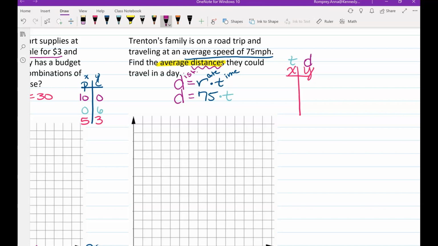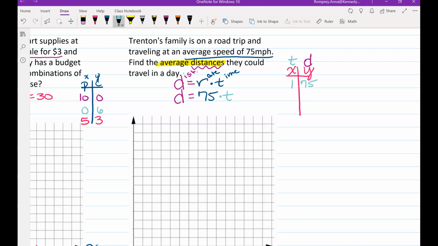So, let's see. I'm just going to go ahead and start with easy because I'm multiplying by 75. So if I have traveled 1 hour, how far will I have traveled? Well, 75 times 1 gives us 75. So 1 hour, we should have traveled about 75 miles.